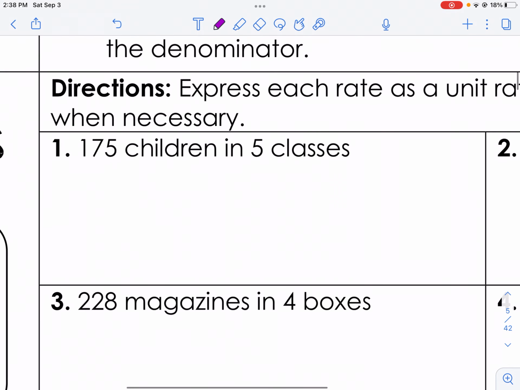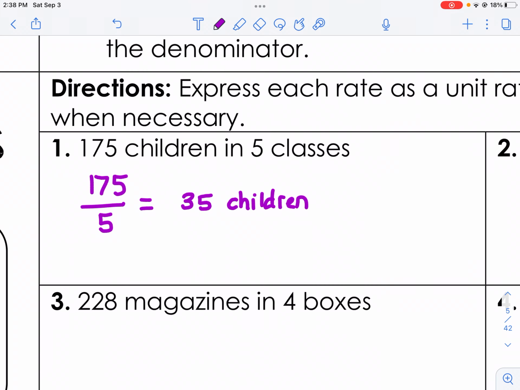So if there are 175 children and they're divided up into 5 classes, how many children are there in each class? We will start by writing a ratio. 175 children in 5 classes. If we take a calculator or do long division and we divide that, that gives us 35 children per class.